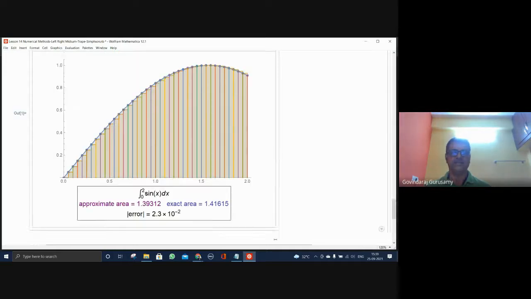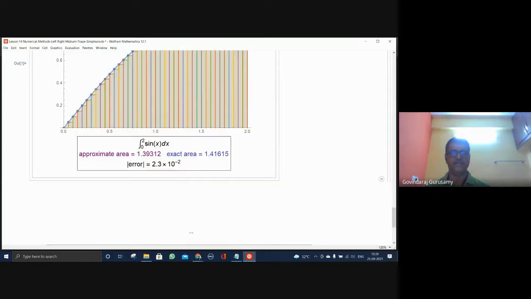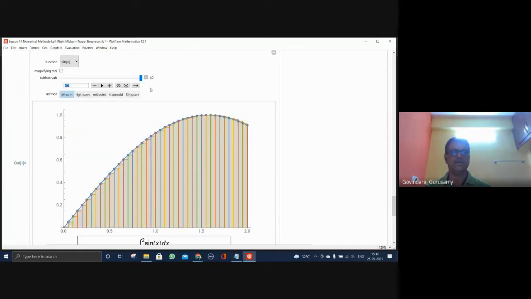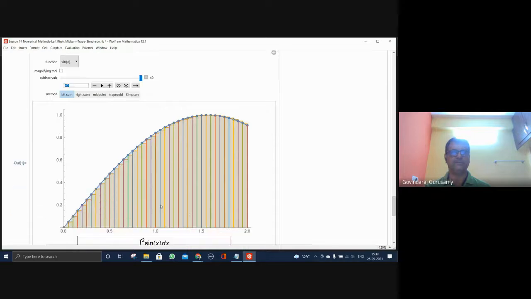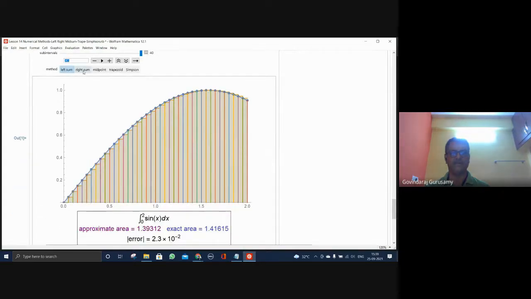again, this depends on the nature of the function. As I said, you can see that, how much is the data? 40 data points, left sum: 2.3 into 10 power minus 2. Go ahead with the right sum.